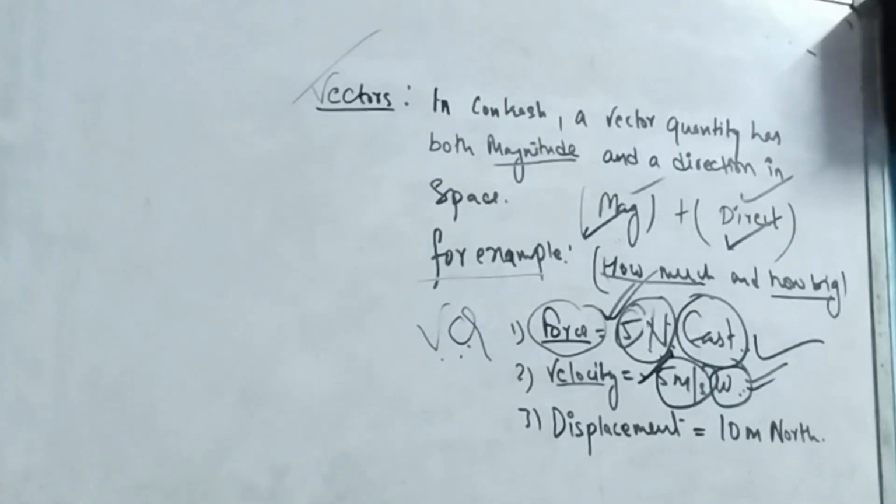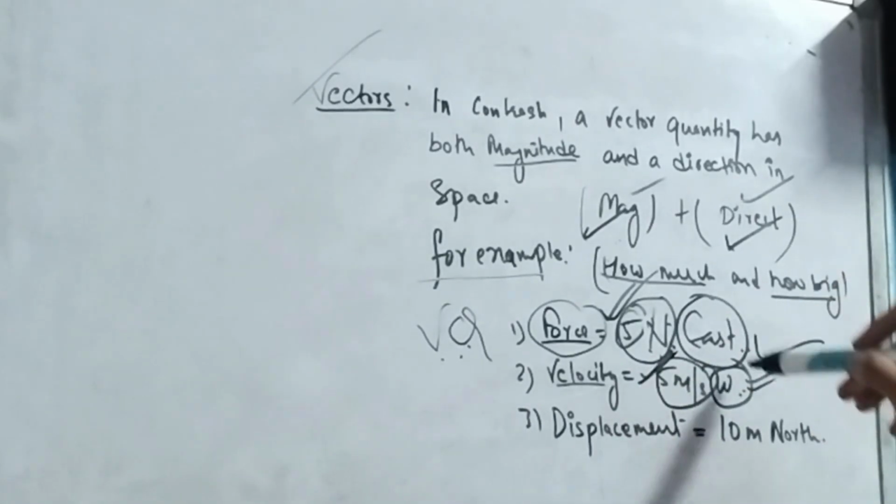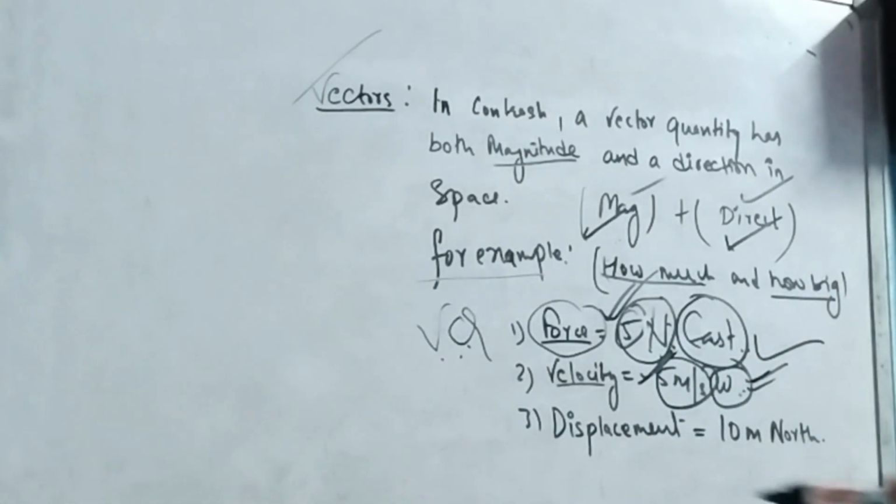So there is magnitude and direction, and this is also a vector quantity. So let's move on to example 3.